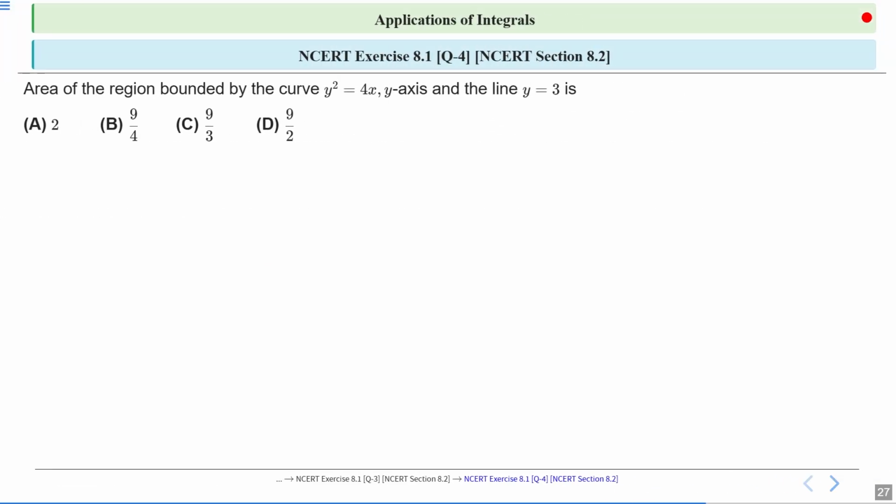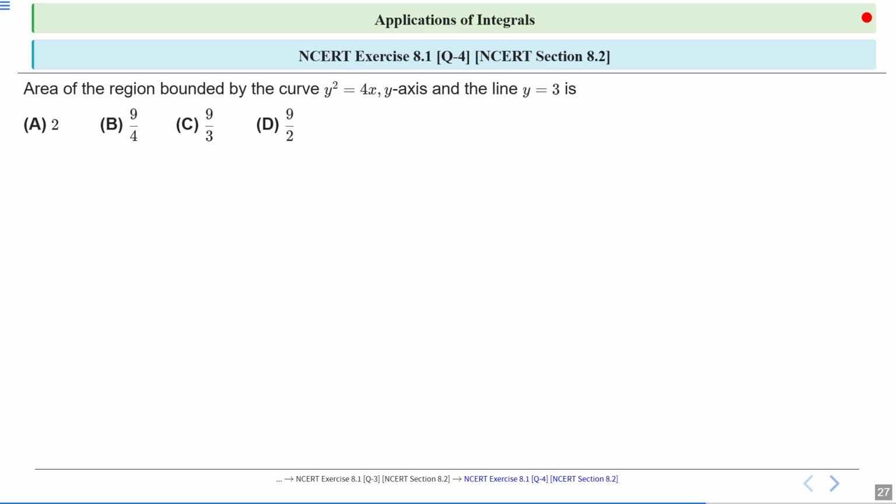So the question number 4 is: the area of the region bounded by the curve y square is equal to 4x, the y-axis, and the line y is equal to 3 is, option A 2, B 9 by 4, C 9 by 3, and D 9 by 2. So here there are three curves.